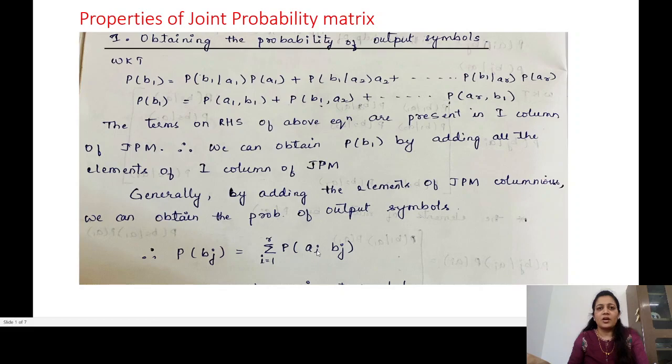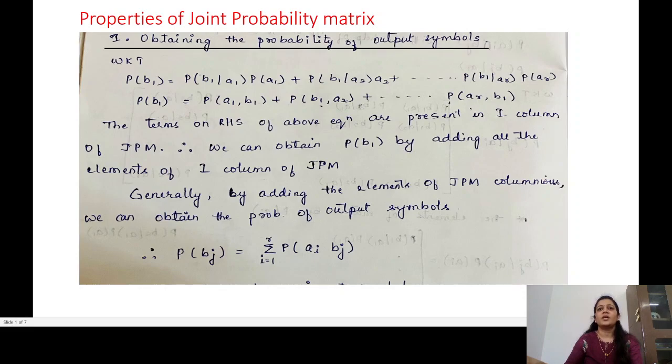Here, since my column remains the same, that is j, my row value changes, so I have taken the summation for i varying from 1 to R. This clearly says that if you add up all the elements of the jth column in your joint probability matrix, you obtain the output symbol Bj's probability, that is, the probability of Bj. So in order to obtain the probability of a particular output symbol, add up all the column elements from the corresponding column of the joint probability matrix.